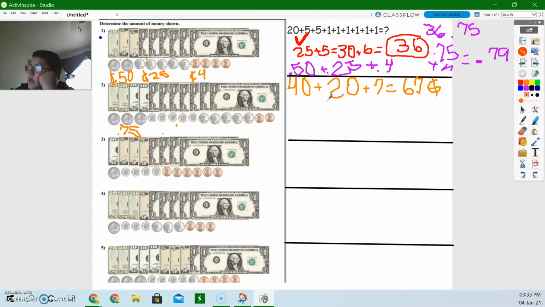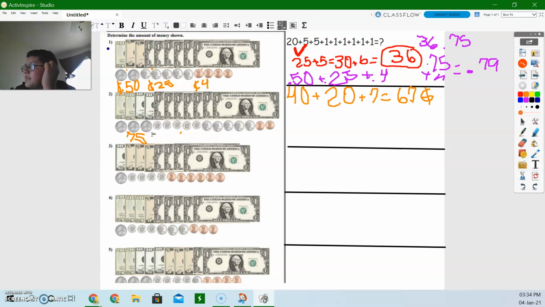Give me a second. Sorry for my lazy handwriting. I'm just going to use text. That'll save me some time. Sorry. So these are going to be 0.50 cents. Then the nickels are going to be 5 cents, which is going to be 5, 10, 15, 20, 25 cents. So 25.